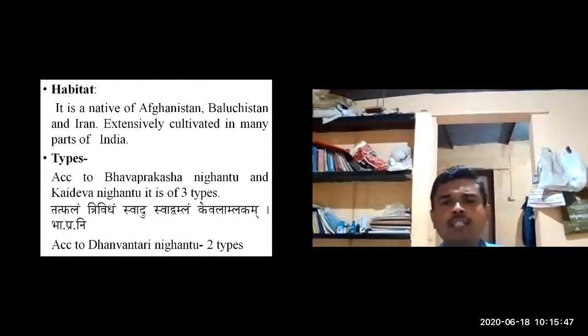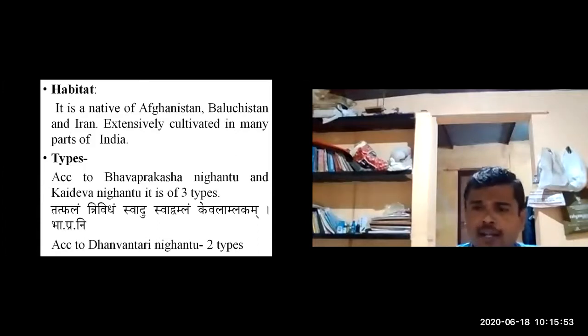Okay. So next we'll move to the Utpatti Sthana, the habitat. Regarding the Utpatti Sthana of Dadima, it is actually a native of Afghanistan, Baluchistan and Iran.